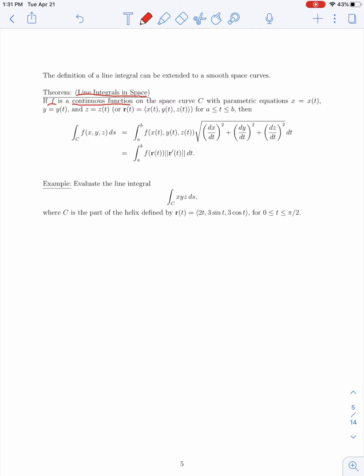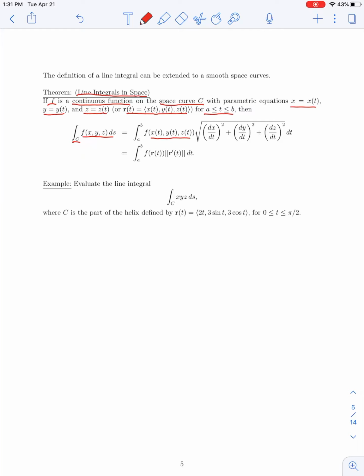If we have a continuous function f on a space curve C that has parametric equations x of t, y of t, and z of t, or equivalently, it's defined by the vector function r of t, whose component functions are x, y, and z of t, for a parameter interval from a to b, then to evaluate the integral of that 3-variable function over the space curve C with respect to arc length, we could transform it to an integral in terms of t.